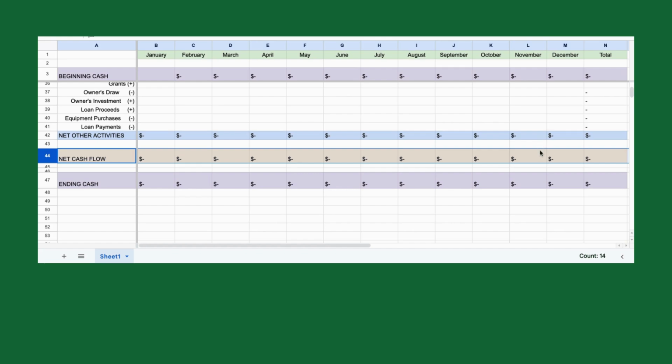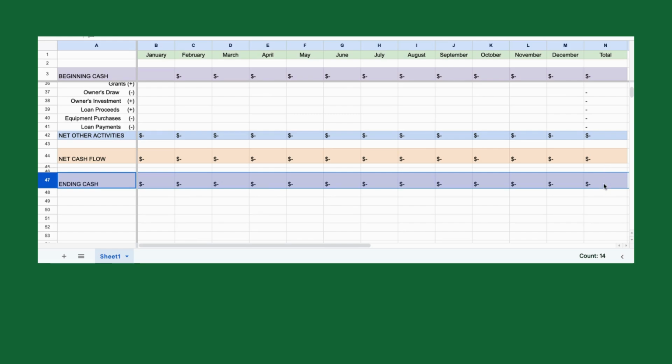It shows that flow for each month, but also in the last column on the right, the total change for the year, positive or negative. And then, secondly, the cash flow projection also shows you the ending cash, which again is basically what's in the bank at the end of each month and in the final column at the end of the year.